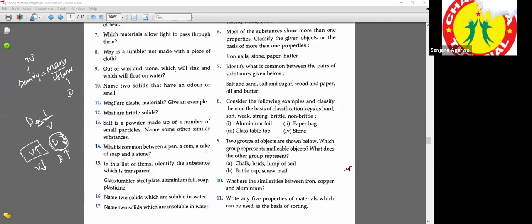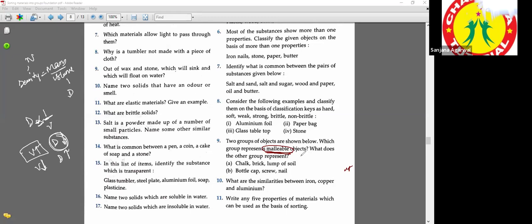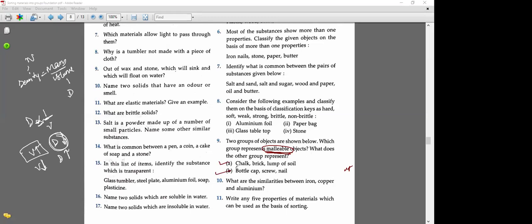Malleable means a property of materials, especially metals, that can be beaten to be converted into a sheet-like structure, like aluminum foil. Ma'am, I did not know how to do it. Dear, which group represents malleable objects, the A group or the B group? Ma'am, B group. B group, understood.